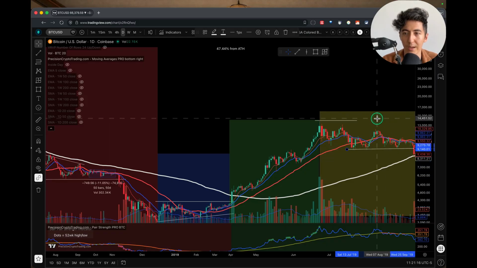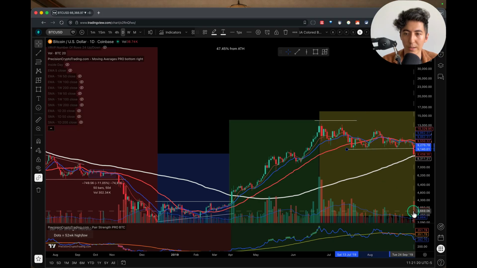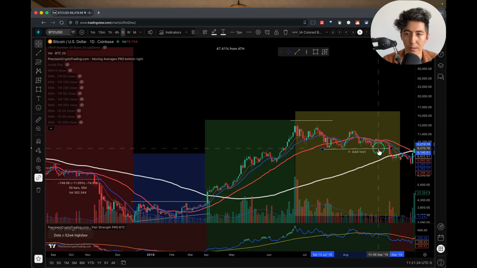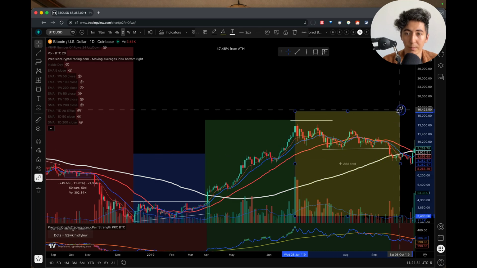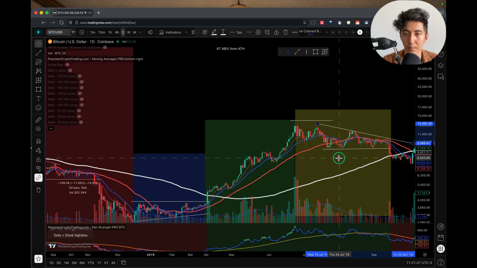And then just like that, yeah. I mean, this is this red day right here. To me, this looks like it's going down. It doesn't break high volume below the 200-day, but I mean, just look at this trend. This is going down.